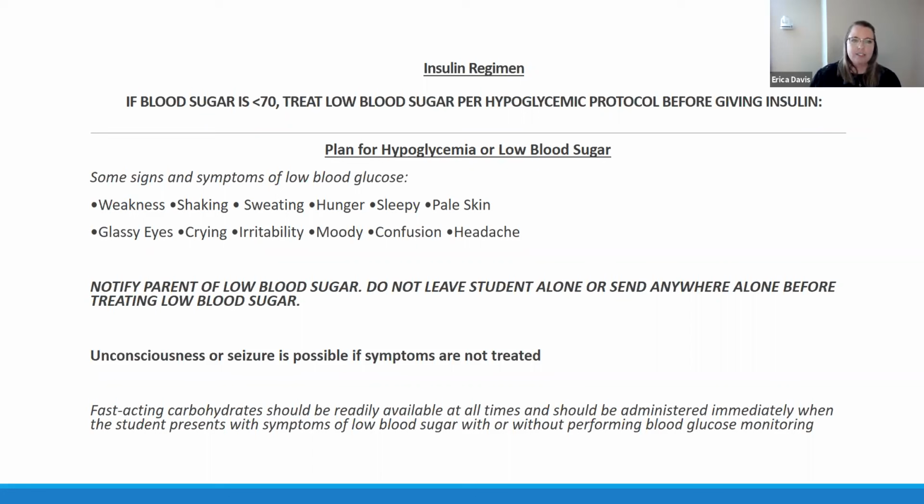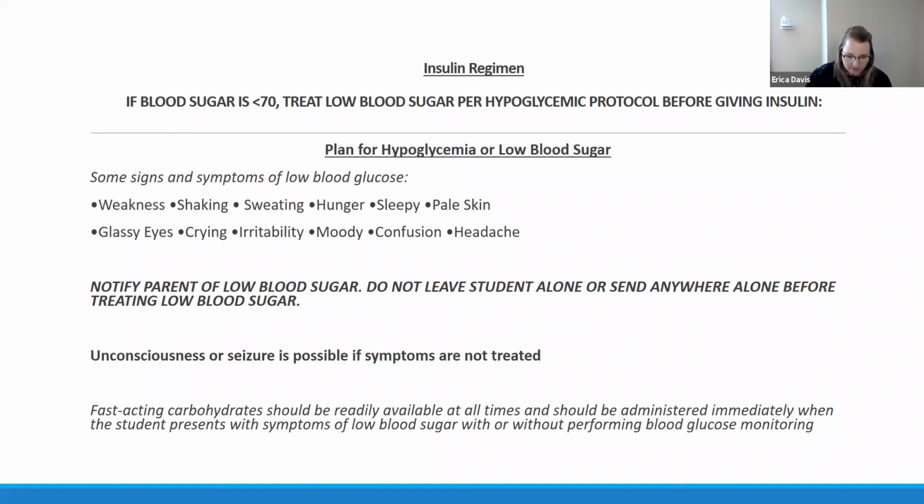On here, there are these signs and symptoms, and you can read those: weakness, shaking, sweating, hungry, sleepy. A lot of times our kiddos tend to say that they feel shaky, and then their caregivers tend to notice maybe a personality change or even a change in their behavior. So those are just things to look out for.